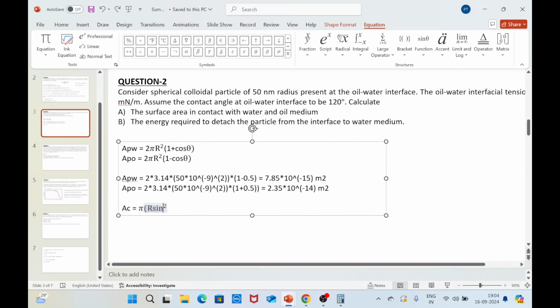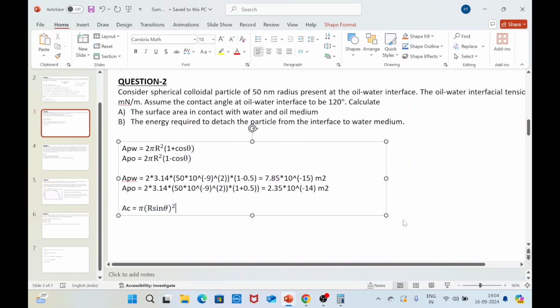So that expression is AC, the area occupied by the particle at the oil water interface when it is attached at the fluid interface.